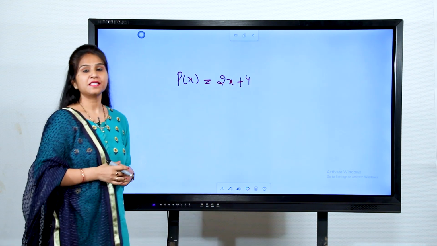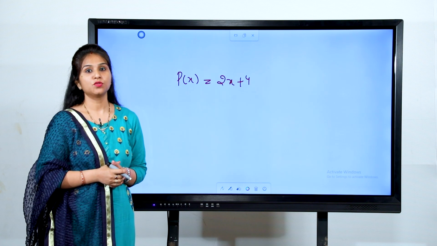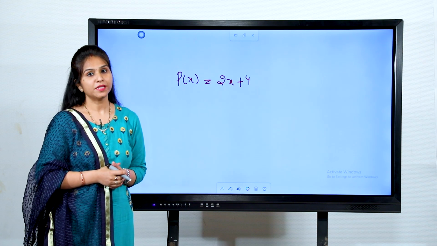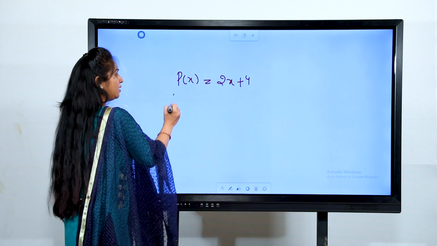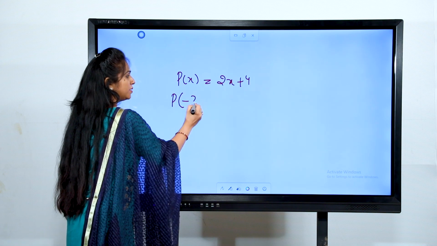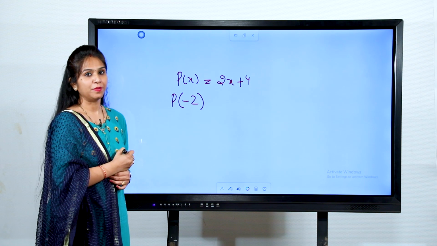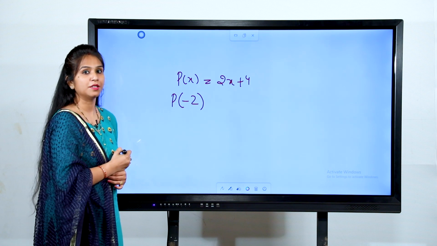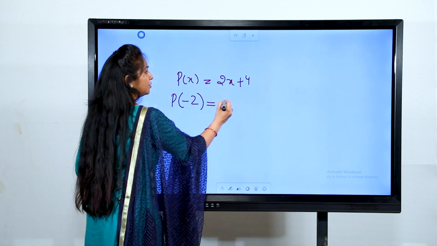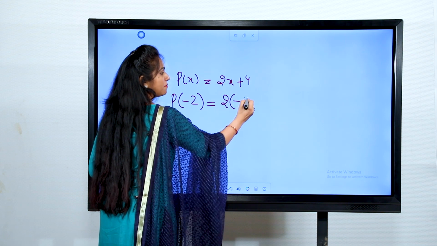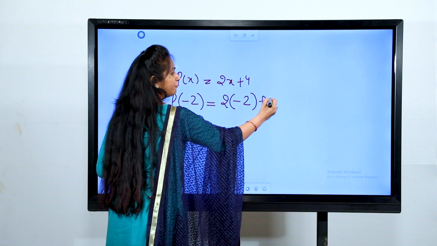Children, if I substitute here x is equal to minus 2, let's see what is going to happen. P of minus 2. It means in place of x, everywhere in this polynomial we will substitute minus 2. That gives you 2 in a bracket minus 2 plus 4.